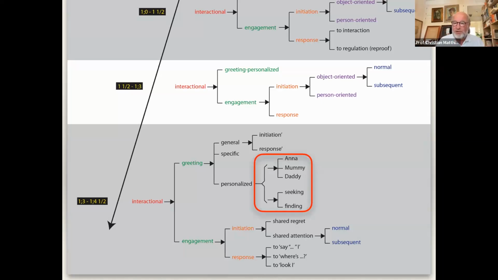So you see there are two simultaneous systems, and it's the first time in the proto-language, because the general principle in the proto-language is you can only mean one thing at a time. So this is a kind of preview of coming attractions, the coming attractions being simultaneous systems in different metafunctions in the post-infancy adult language. And he does this by teasing apart the expression, articulation for the person addressed, and prosody for seeking versus finding.